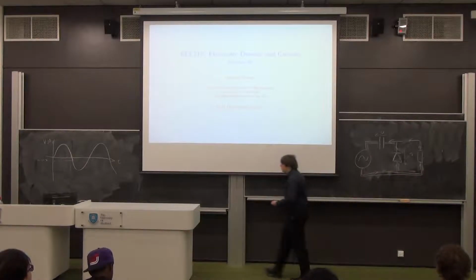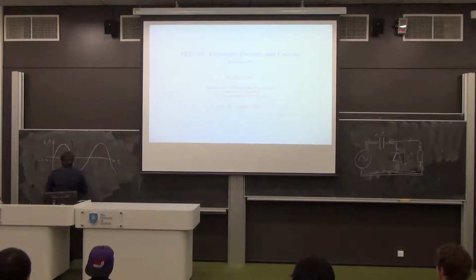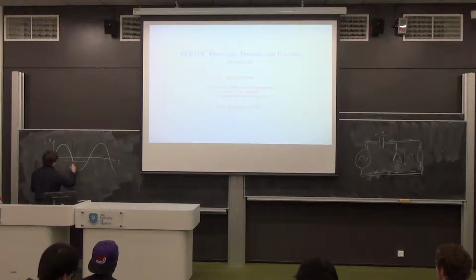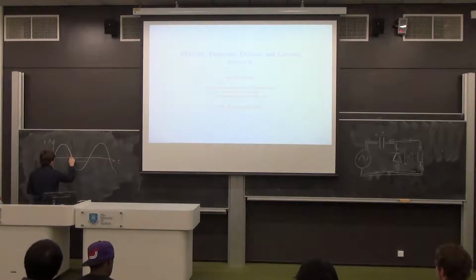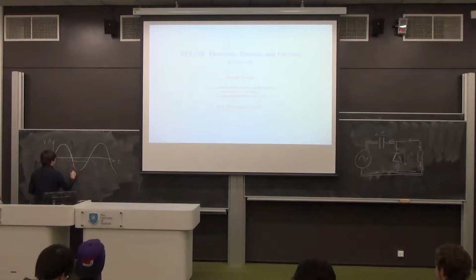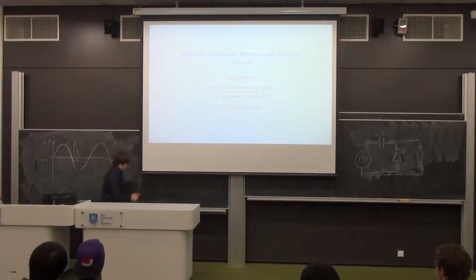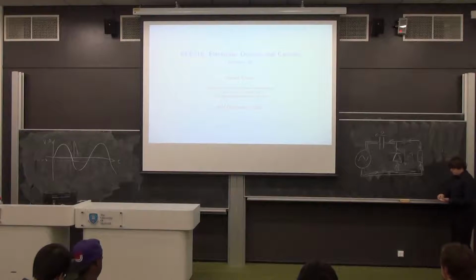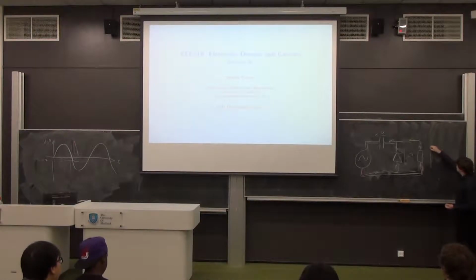So we have a large current flowing through the diode, and the output voltage, which we're measuring across the resistor, notice the direction of the arrow is opposite.